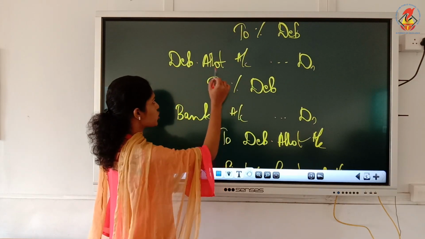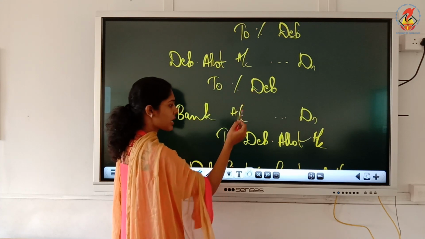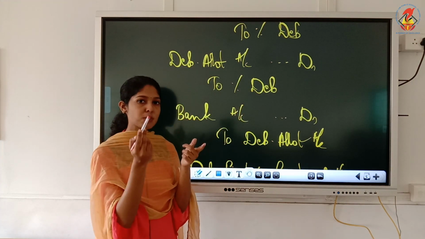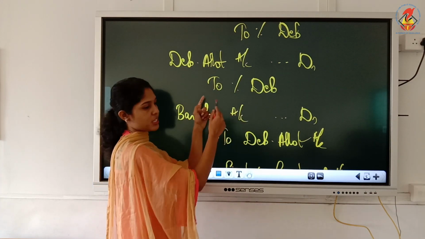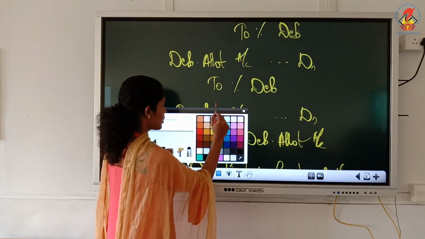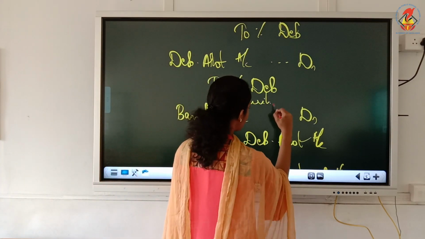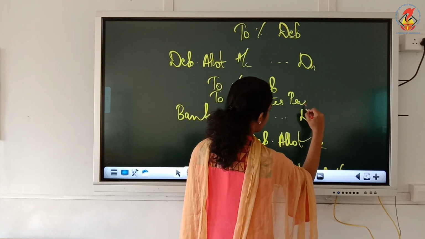So the allotment journal entry is this: debenture allotment debited to percentage debentures, and the bank entry also there. With which term will you write SPR? With the share capital term. So here it should be with percentage debentures. That means with this entry, if there is premium, you have to credit securities premium reserve account.